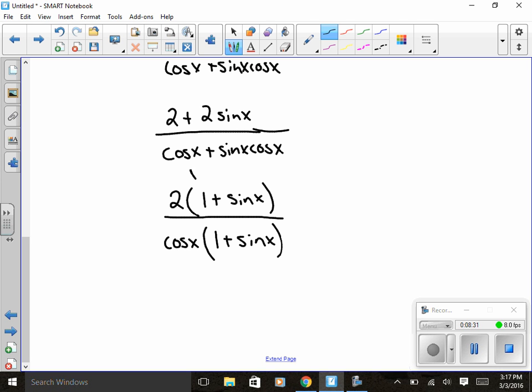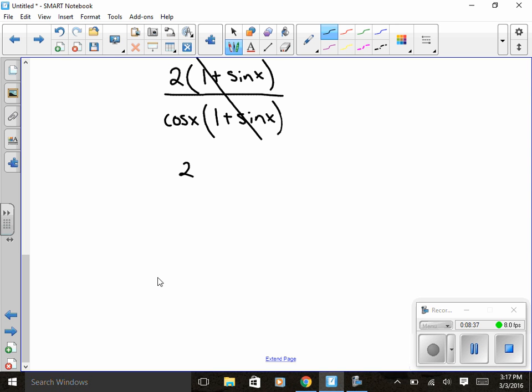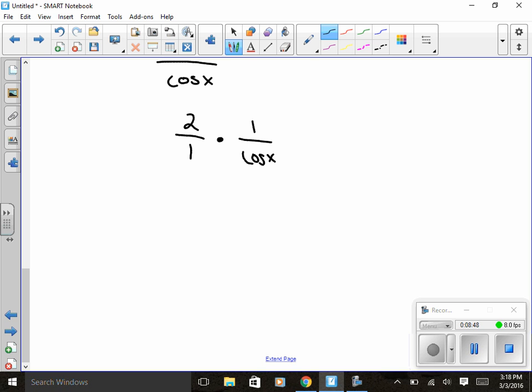Looking at this, I know that the 1 plus sine x cancels out. So now I'm left with 2 over cosine x. I'm going to split this as 2 over 1 times 1 over cosine x. Well, really, 1 over cosine is secant. So I've got 2 secant of x as my final answer.